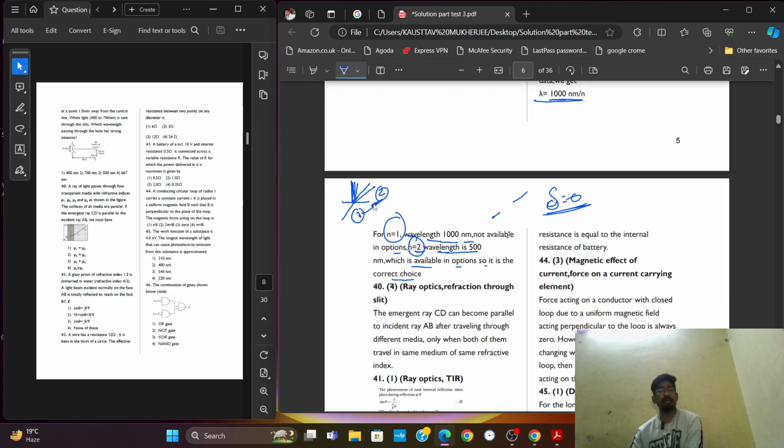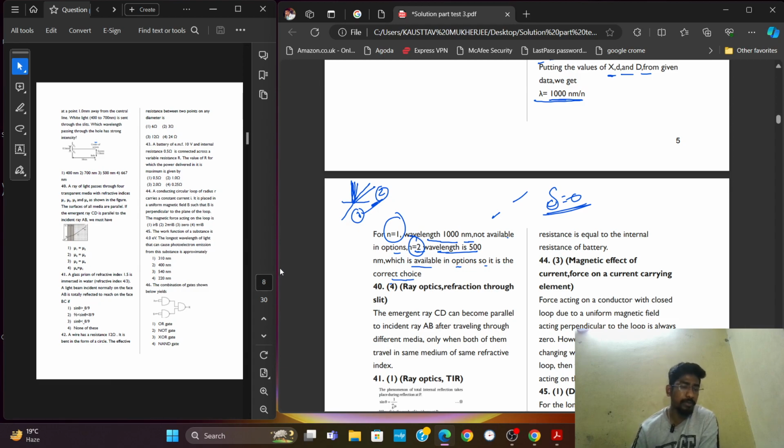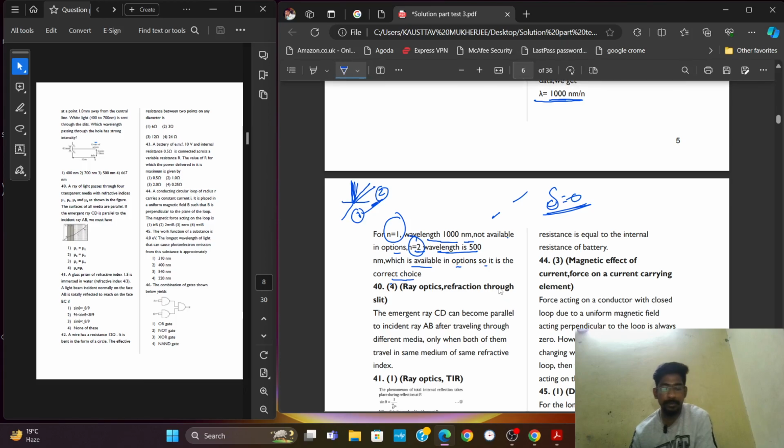So no deviation can occur. So therefore you can say option number 4, mu1 equals mu2, is correct. Okay, question number 41. A glass prism of refractive index 1.5, mu equals 1.5.